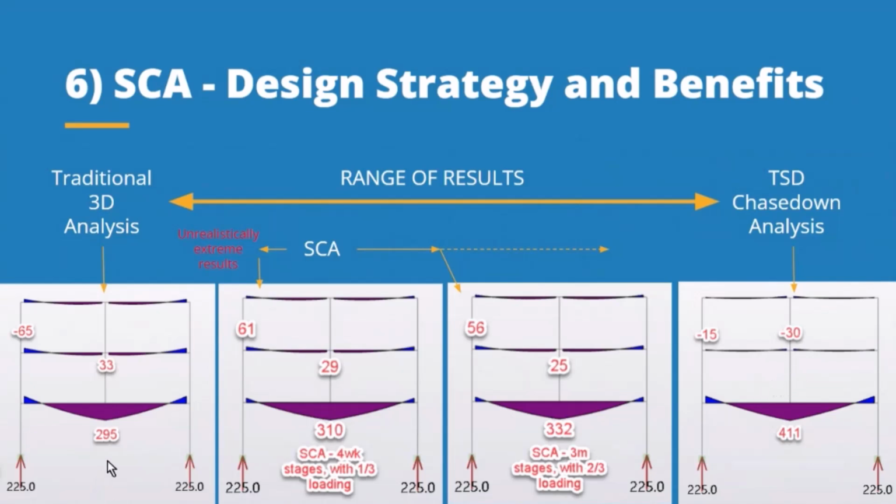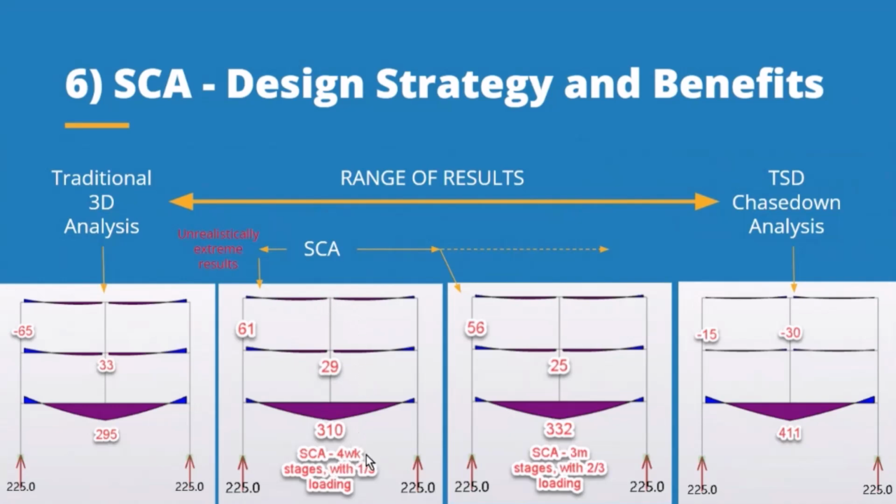I start going again, looking at the numbers in more detail. In the 3D analysis, I've got a sagging moment in this transfer beam of 295. When I start to introduce stage construction analysis, again, as I've talked about in other webinars, you can put different assumptions in here.